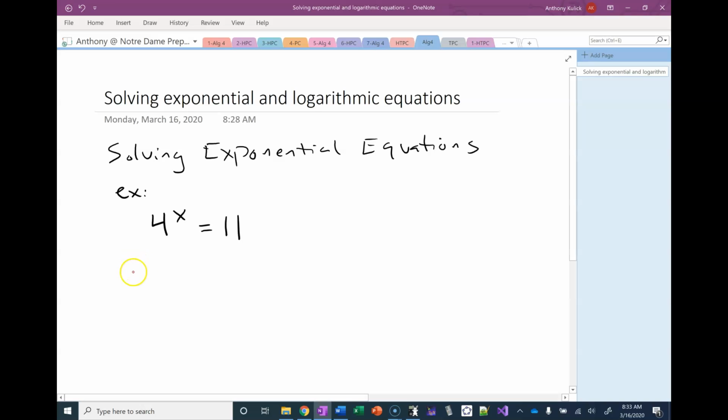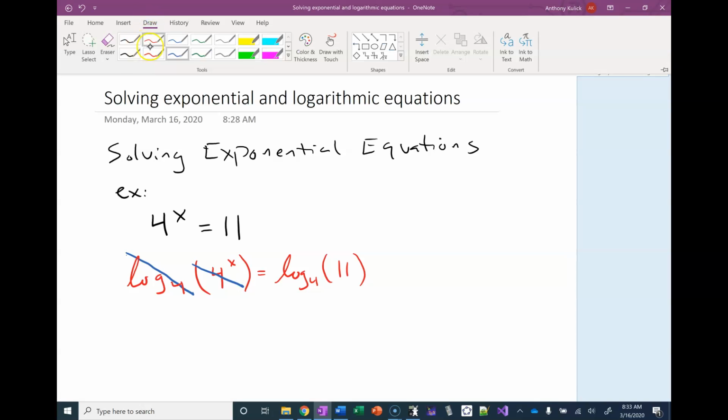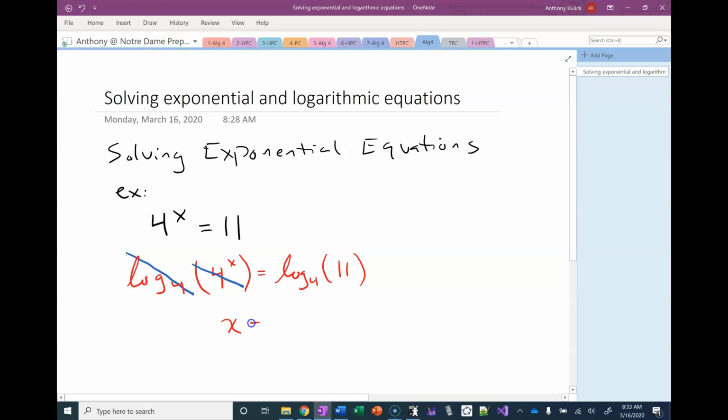So I'm going to do log base 4 of both sides. Okay. Now we remember that log base 4 cancels exponent base 4. So we're left with just x is equal to log base 4 of 11.